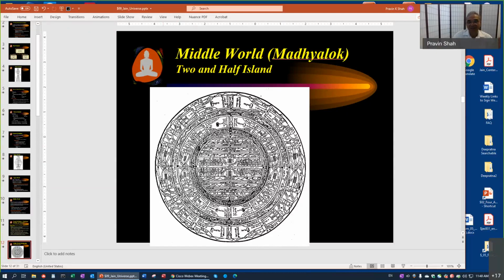But since only half of the Pushkar Dweep has human beings, the human area is the same as the Ghatki Khand area. So from Jambu Dweep, Ghatki Khand is twice the area, and the half of Pushkar Dweep is also twice.